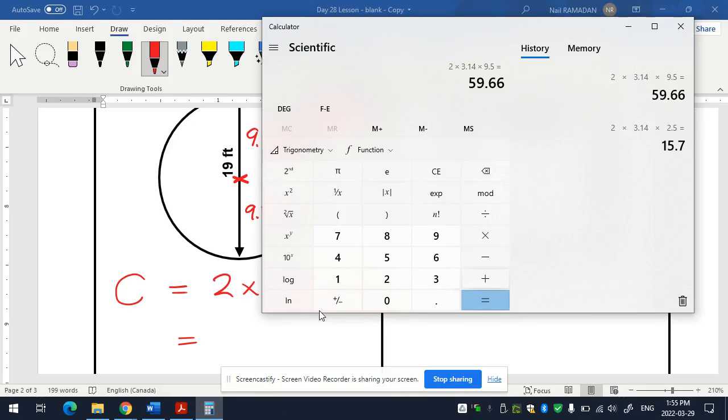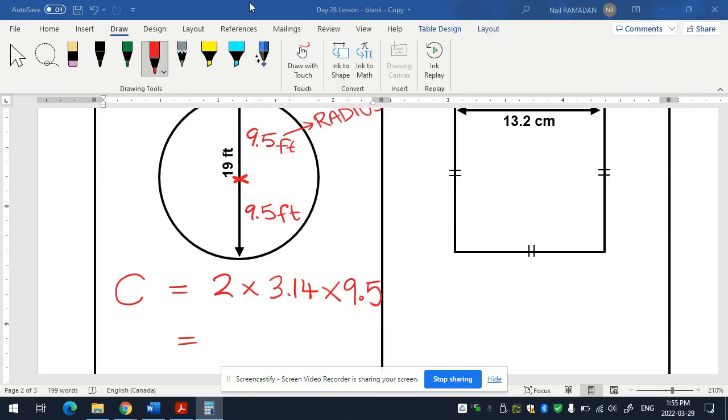Who got 59.66? I just want to make sure I did not make a mistake, because remember, my calculator buttons are very sensitive. I think it makes sense. 59.66. And what's the unit of measurement for this circle? Feet.